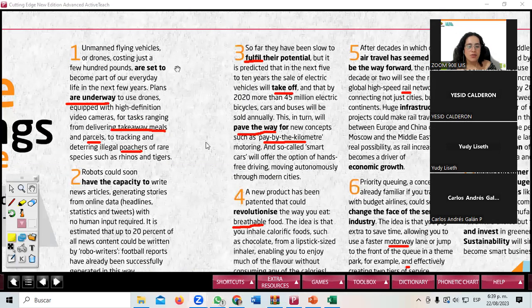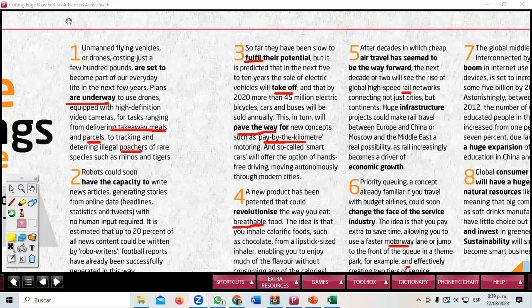Number 3, let's read it, Elkin. So far they have been slow to fulfill their potential, but it is predicted that in the next 5 to 10 years, the sale of electric vehicles will take off, and that by 2020, more than 45 million electric bicycles, cars, and buses will be sold annually. What is the correct pronunciation of this word?